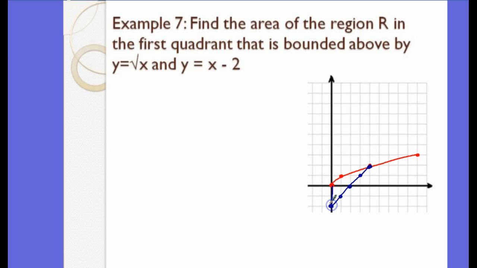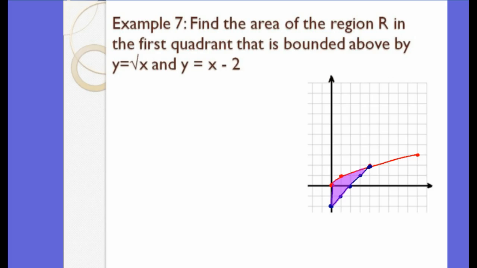So, would we do this problem as top minus bottom or right minus left? Could you do it as both? Do it as either, right? It's not necessarily a trick question, but the area could be set up either way. Because I want to work on getting better at setting up our integrals, let's set it up both ways.